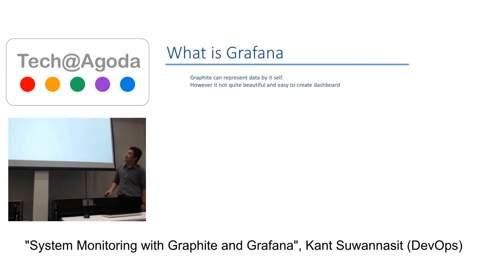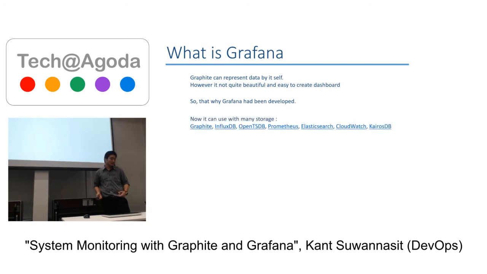As I said, Grafana is a visualization tool. It can represent the data, and Graphite can represent it by itself, but it's not good and not beautiful. Other than Graphite, Grafana can be used with InfluxDB, Prometheus, Elasticsearch, and so on.